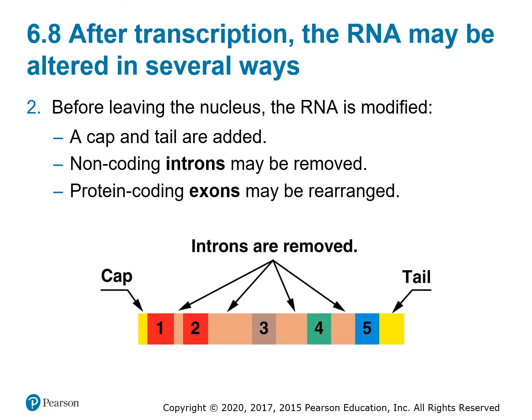Another way that gene regulation occurs happens after transcription. So after transcription in a eukaryotic cell, the RNA can be altered in several ways. So remember, transcription occurs in the nucleus, and before the RNA leaves the nucleus, it is modified.